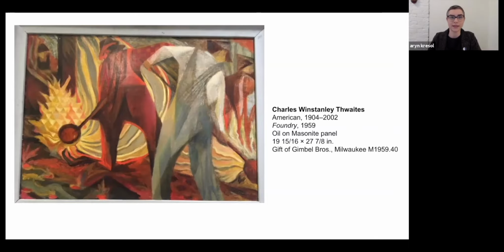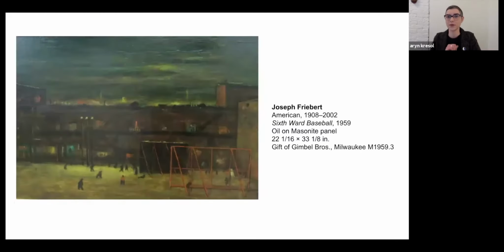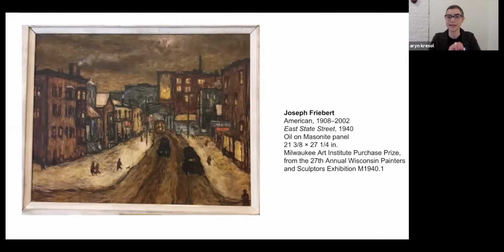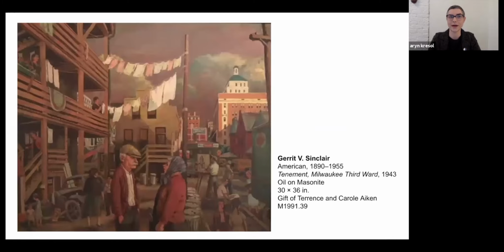Many of the scenes included in the exhibition reflect Milwaukee's nickname as the City of Neighborhoods, from Joseph Freebert's Sixth Ward Baseball, acquired in 1959, and East State Street, acquired in 1940, to Garrett Sinclair's Tenement, Milwaukee Third Ward, from 1943 and acquired in 1991.